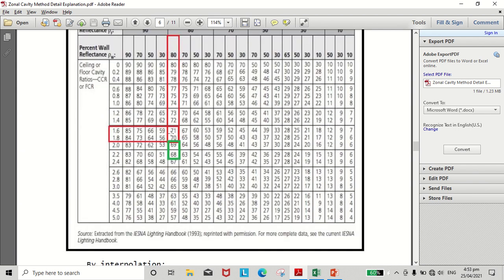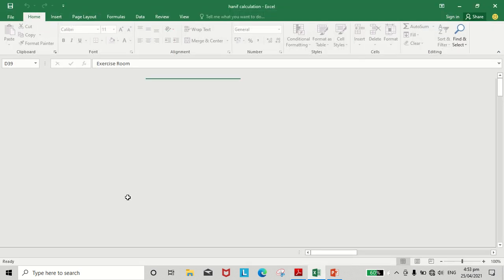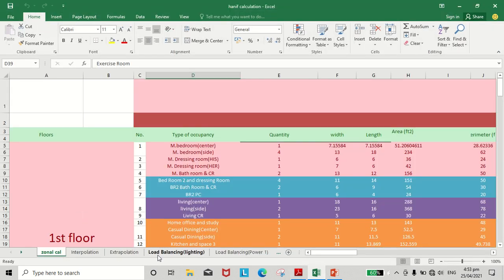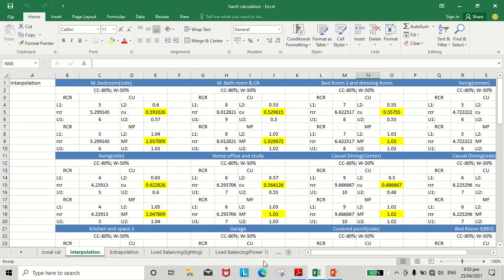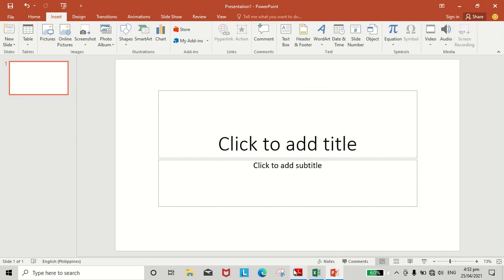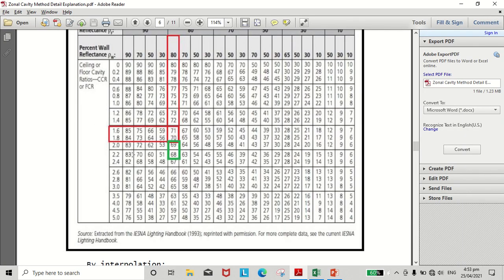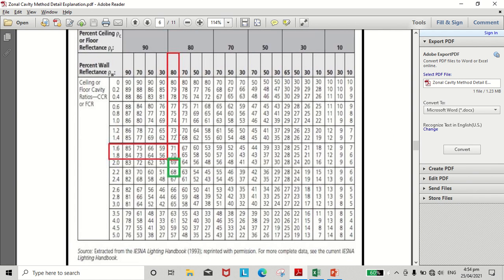So we use what is called interpolation. We interpolate the two data points in between 1.6 and 1.8, and then we get our required reflectance, which is in between 71 and 80.